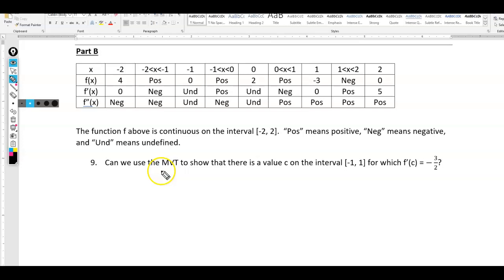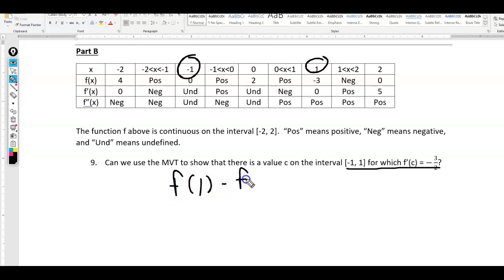All right, so for number 9, can we use the mean value theorem to show that there's a value c on the interval from -1 to 1 for which the derivative equals -3/2? Okay, so from -1 to 1. Well, we could do this math once again. Let's work it out really quick just for the heck of it.